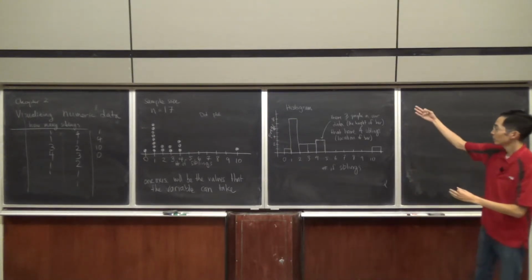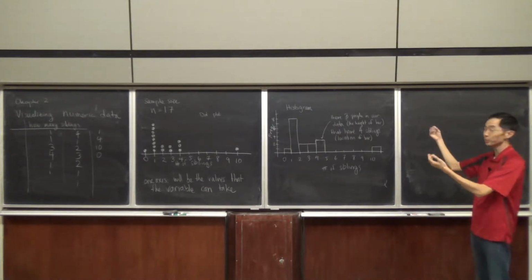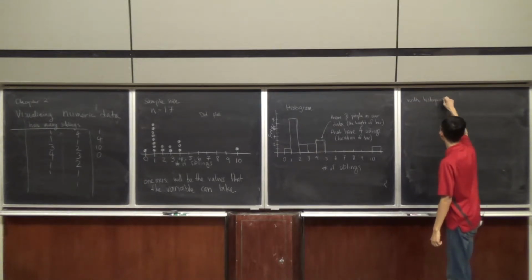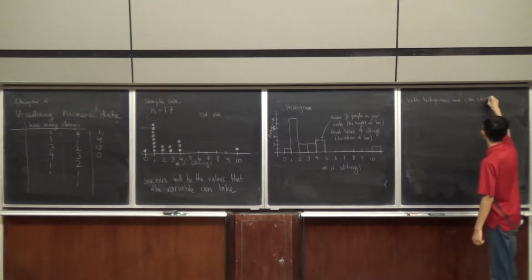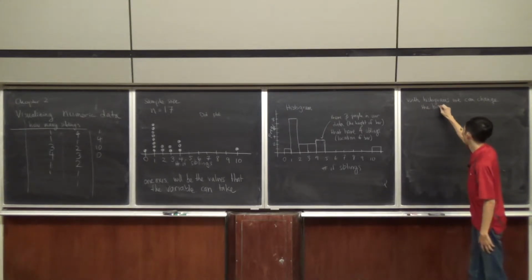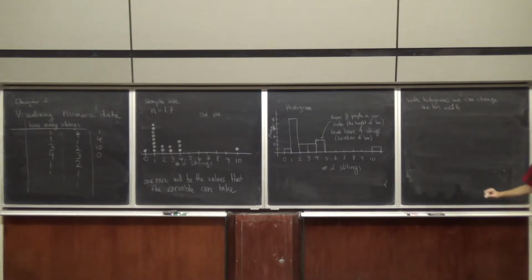And so with a histogram, we can create what we would call wider bins. Okay, so with histograms, we can change the bin width. We can make it wide or narrow as we see fit.